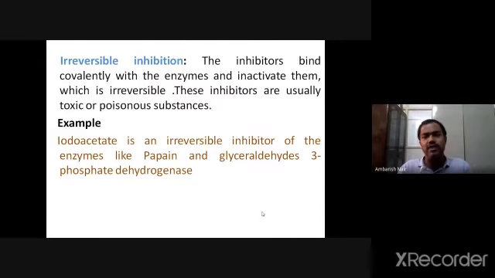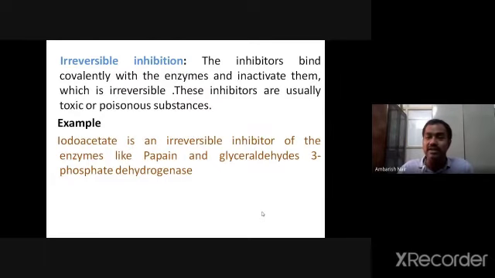Because of that, what happens? It inactivates them, which is irreversible. You cannot bring them back by any molecular mechanism because it inactivates that enzyme. These inhibitors are usually toxic or poisonous substances. The inhibitor binds covalently with the enzyme and inactivates it, which is called irreversible inhibition.